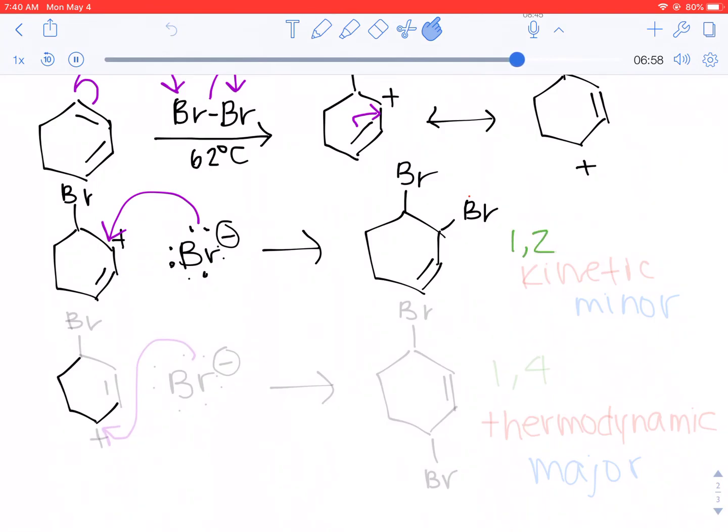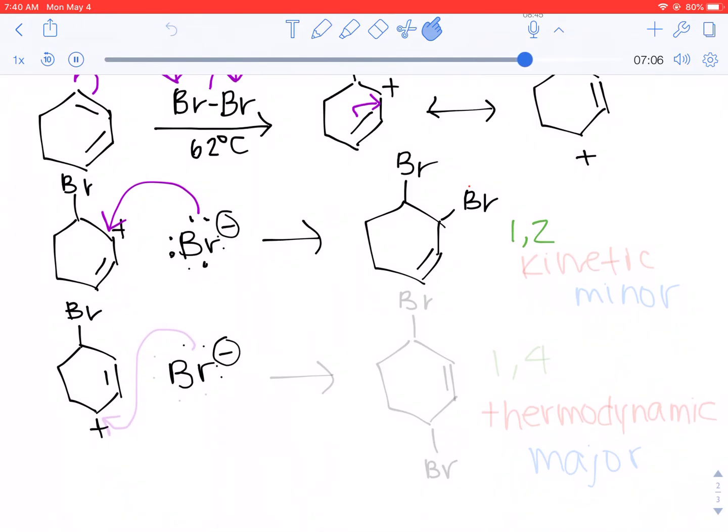When we react the other carbocation with the bromine ion, we will use the same electrons and again attack the positively charged carbon, and we will form the 1,4 product.